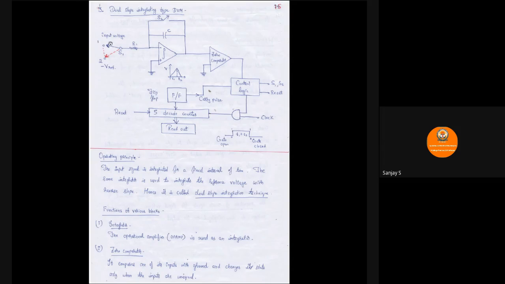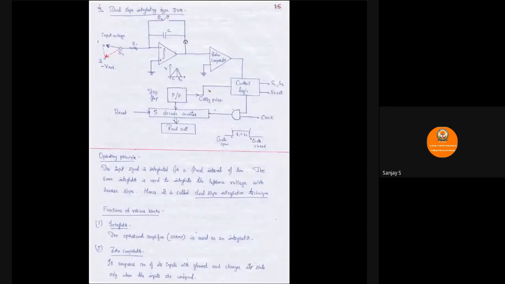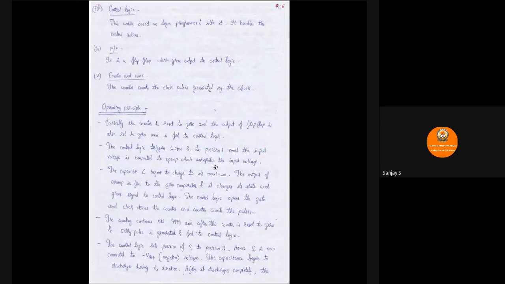So the unknown input voltage now is applied to the op-amp, and op-amp is going to integrate the unknown input voltage. So during this time, the capacitor will basically charge to the maximum value. And then the output of the op-amp is fed to the zero comparator, and it changes its state and gives a signal to the control logic.